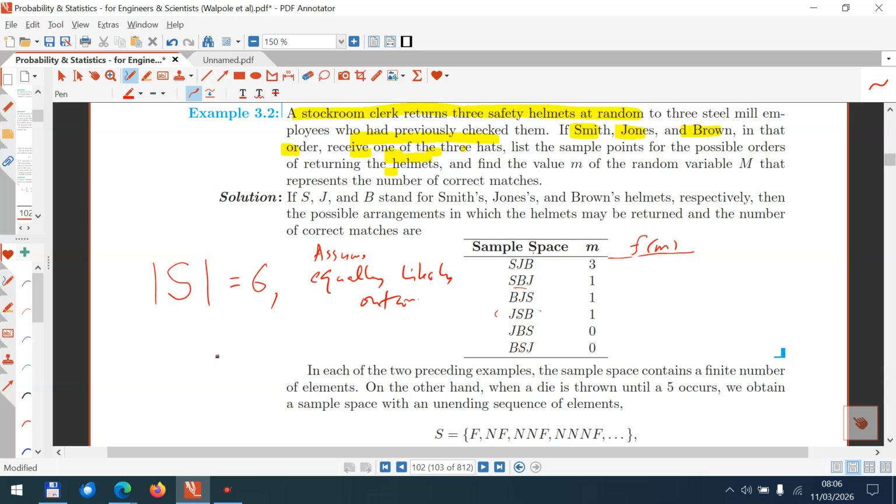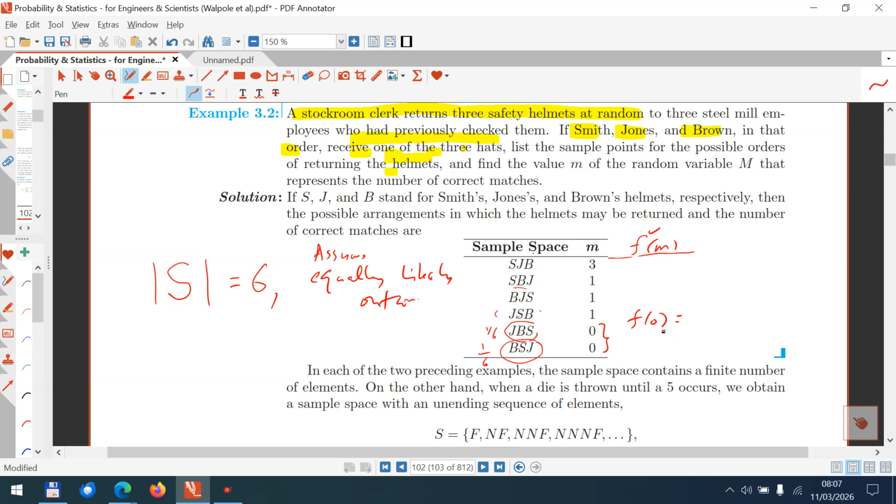So what will be the probability attached to, for example, this one? It will be 1/6, right? And what will be attached to this one? Also 1/6. So now, what is f of 0?